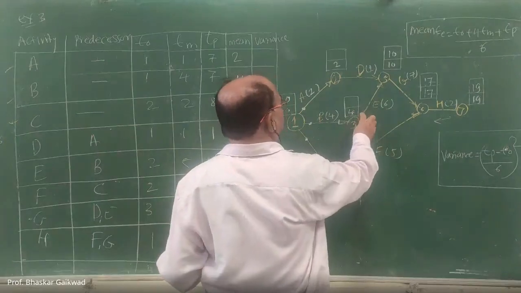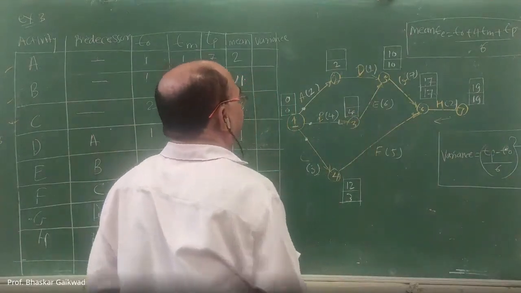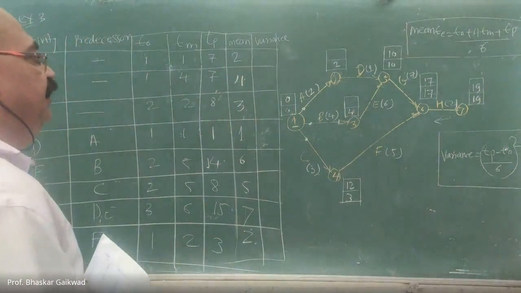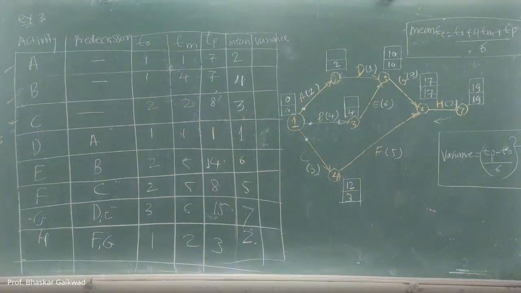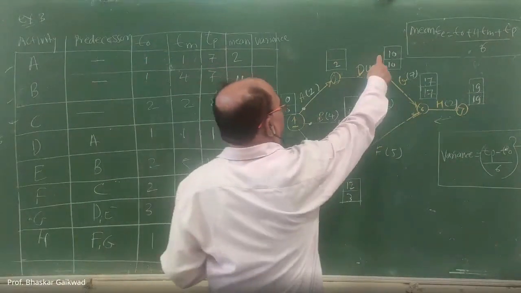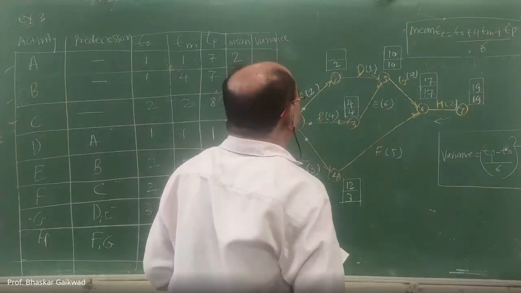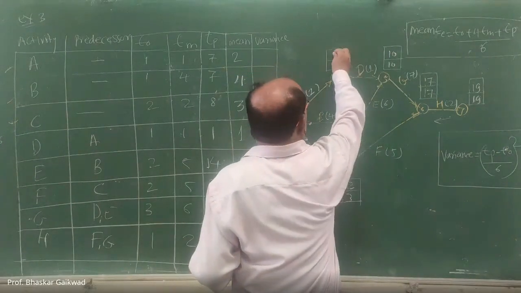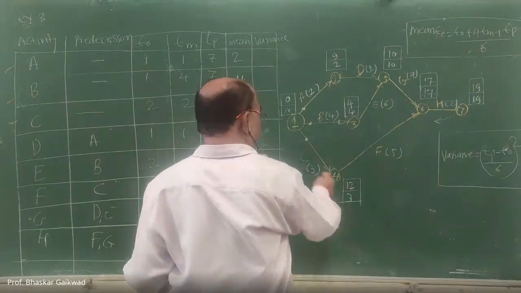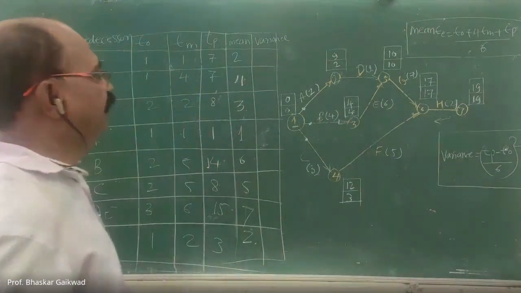Now come to 3. So 3 activity, 10 minus 6. So here it is 10 minus 6, here it is a 4. Then second activity, here should be 9. Correct? After that 0, 0. Okay.